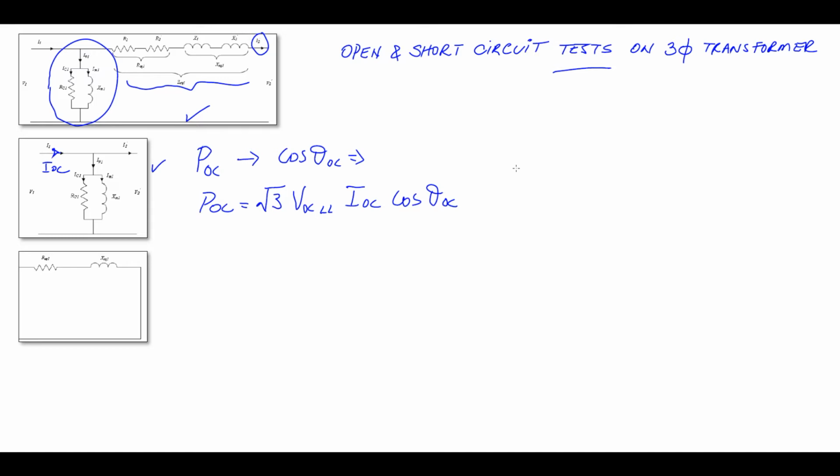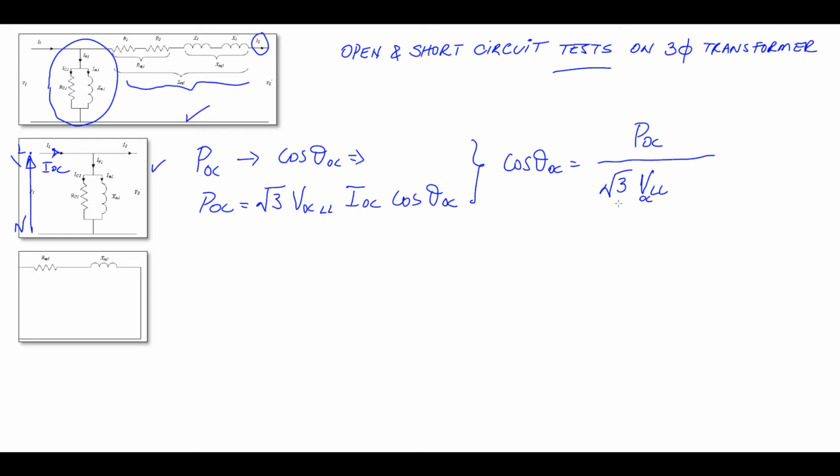So the cosine theta at open circuit will be equal to the measured active power at open circuit, divided by root of 3 times V line to line at open circuit, times the current. Here we have line to neutral; this is the single phase representation.